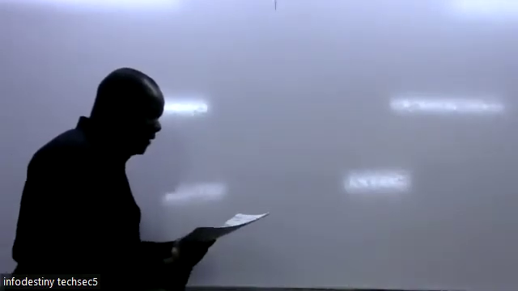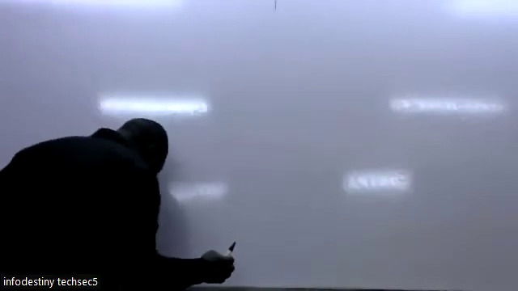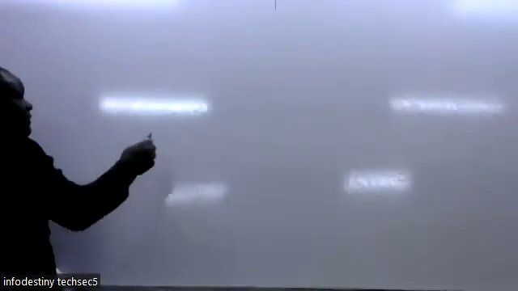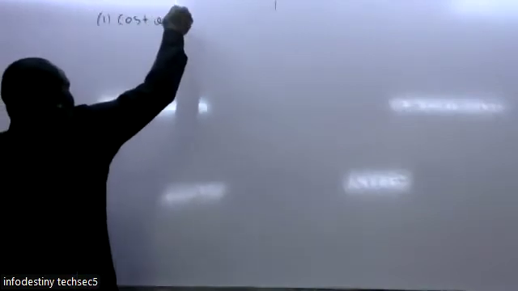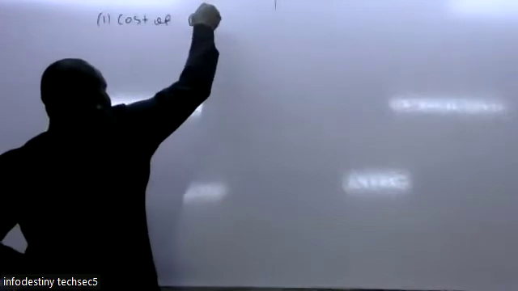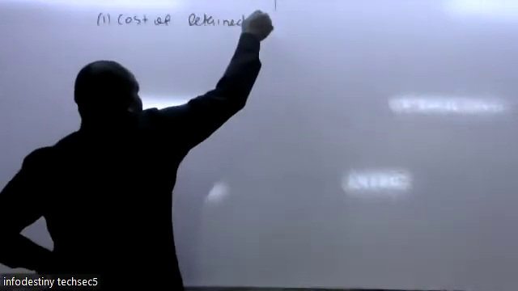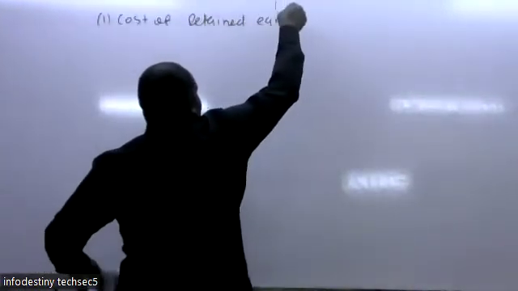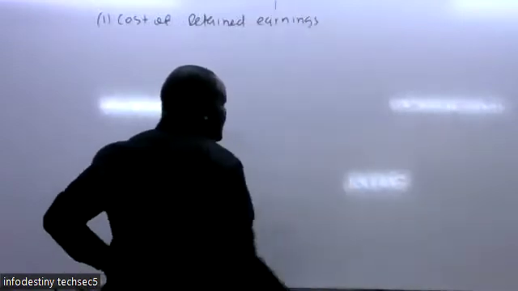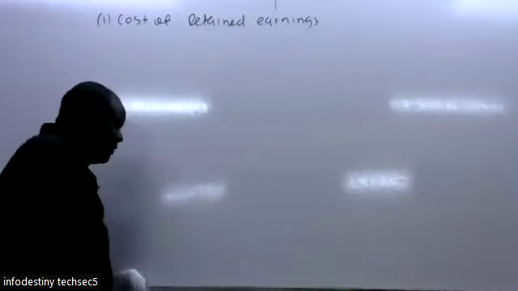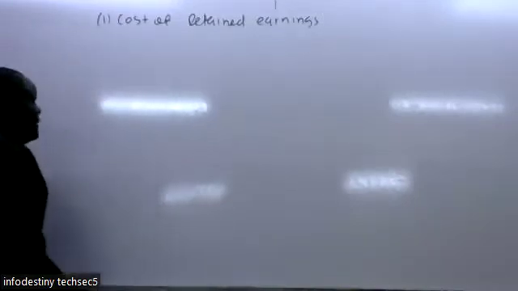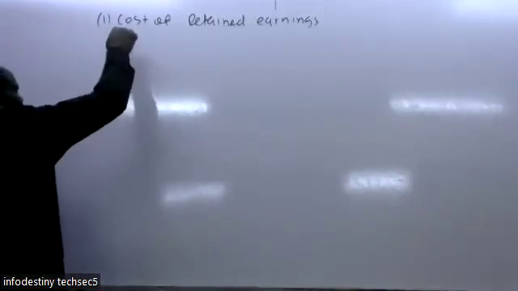So let us now see how to get the cost for the retained earnings. The first one should be cost of the retained earnings. When it comes to the cost of the retained earnings, it is the same as KR.